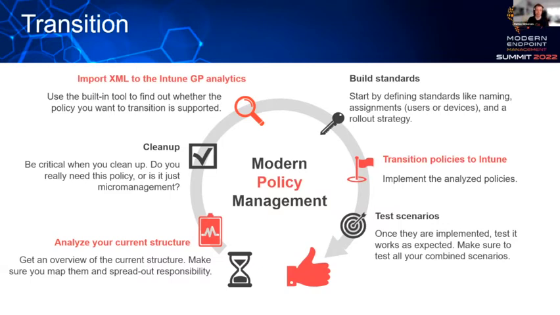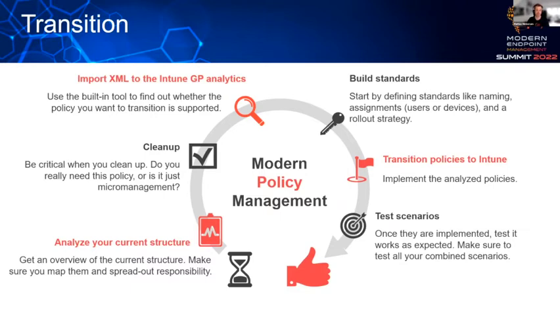If you are a very small organization, you are going to manage that yourself. If you're a very big organization, you're going to need help because you definitely weren't the one that implemented all that GPO into the business.